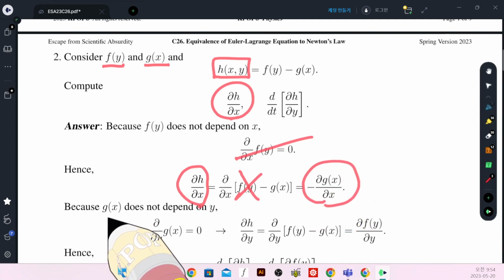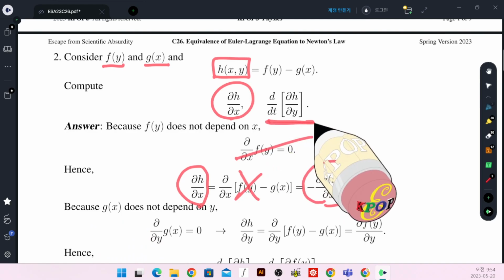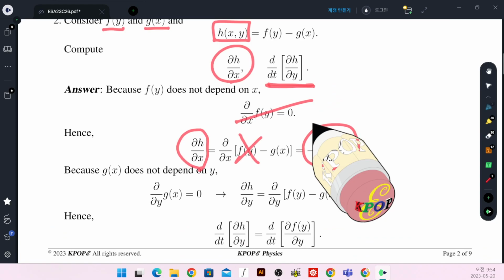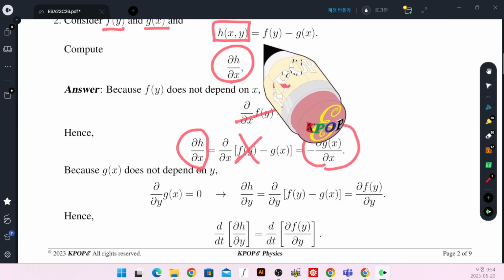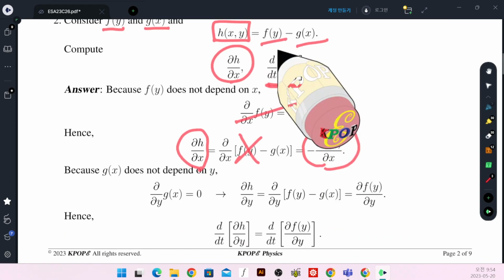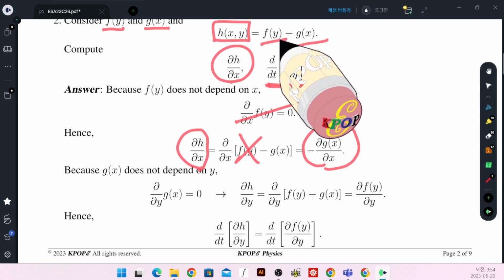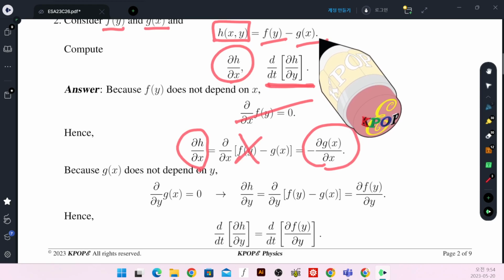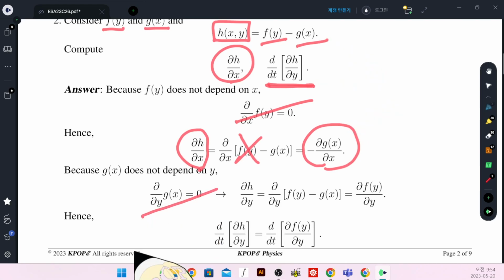Next, we consider this. h is a linear combination of f and g, where f is a function of y only, and g is a function of x only. Therefore, this term vanishes.